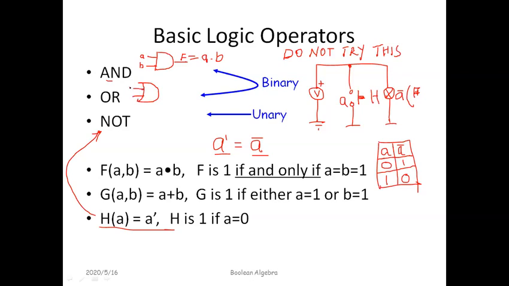So we have the A, the B, then we have the G. So this G is just A plus B. Then the third one, the NOT, is simply a triangle-like shape with a circle at one end.